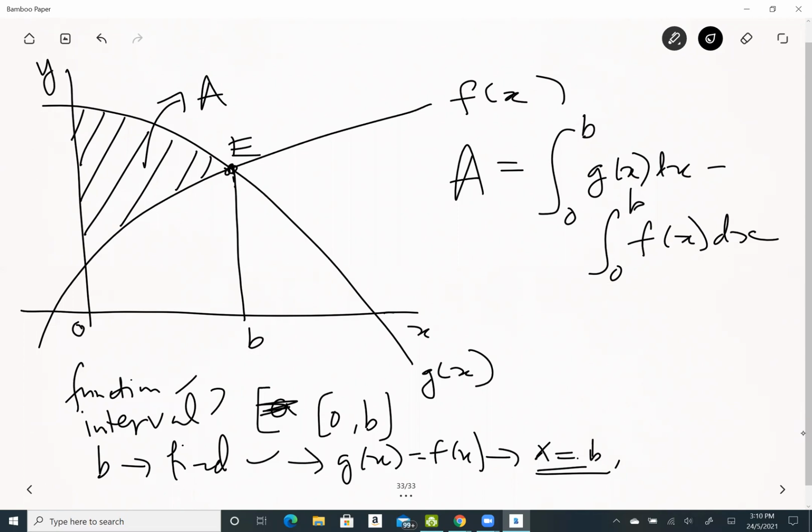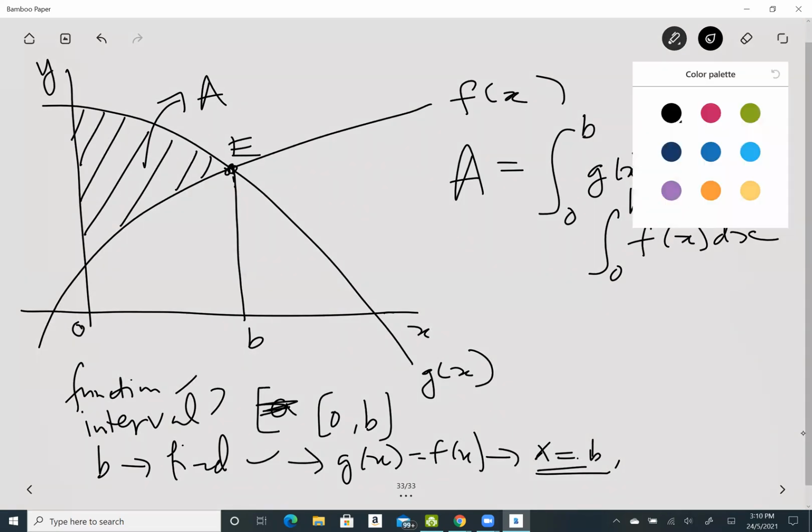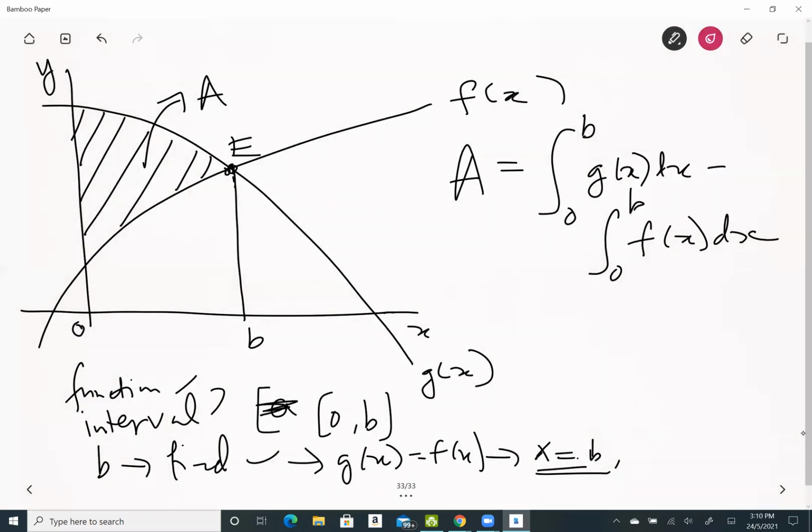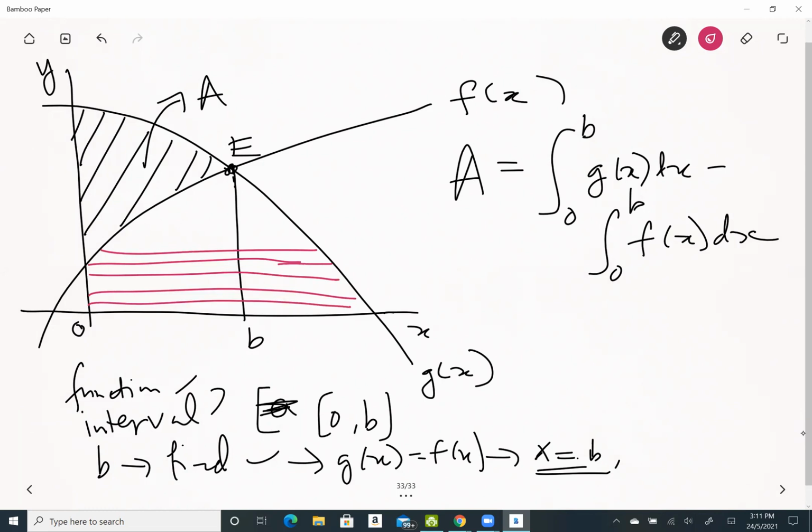Okay, next. Suppose I want to find this area here, the one that I shade in red. I call it the area B. Okay, how can we find area B?